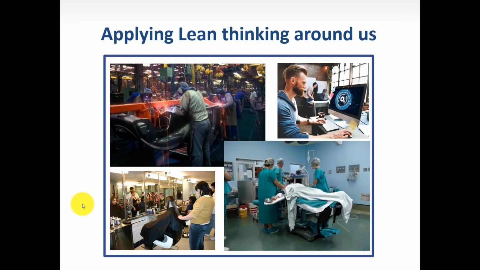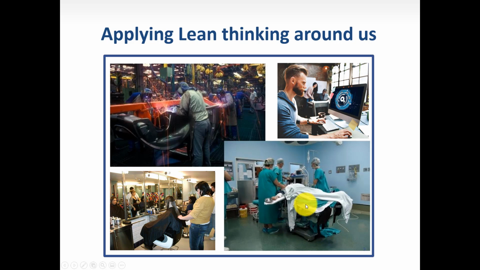Okay, so this lean thinking can be applied to all sort of activities or jobs around us, and that is not only manufacturing. That could also be a hospital, because just like in this case, you have a part that is moving here. Well, it's not really a part, it's more like a body, but this person is also moving.